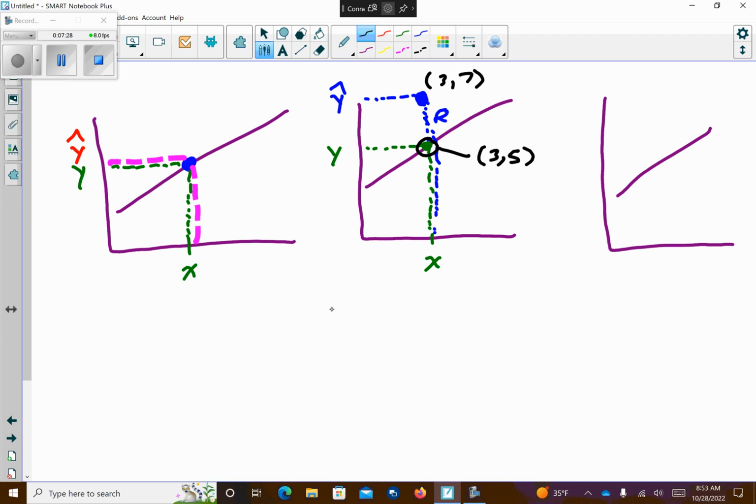So the residual equation is R equals y minus y hat. Okay, so y is 5. Y hat is what? If my y value is this, what's my y hat value?